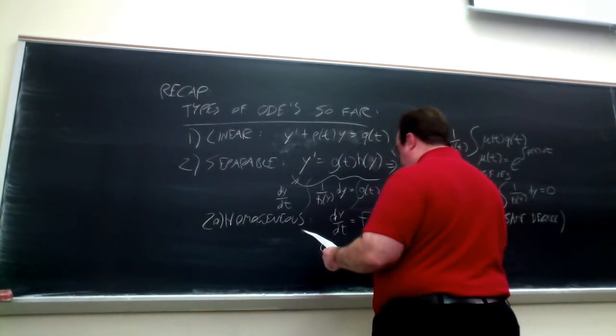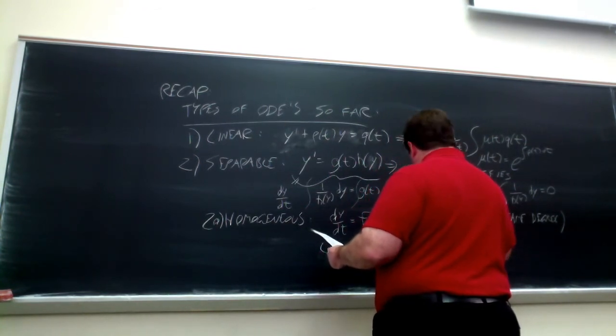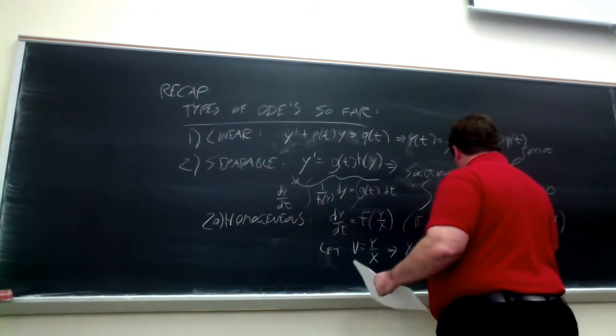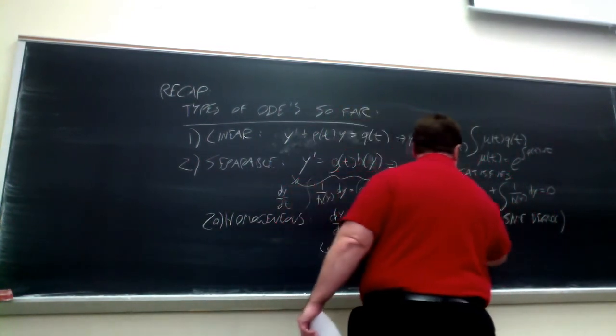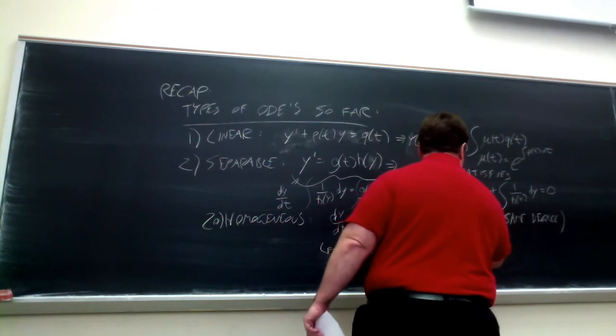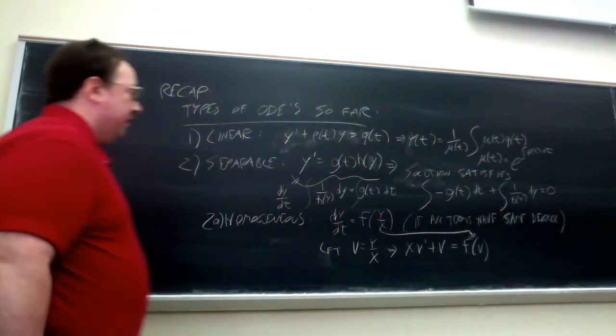x v prime plus v is equal to this function f, but now y is eliminated and written in terms of v.